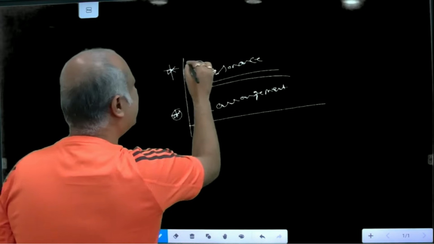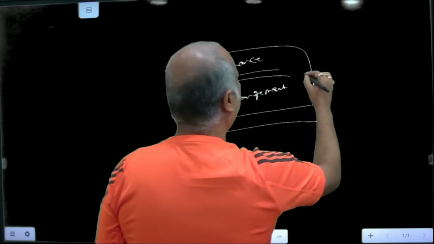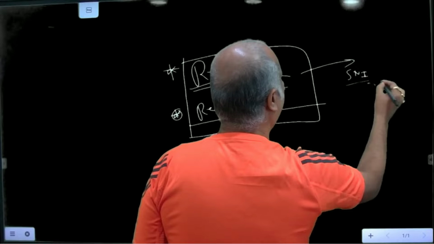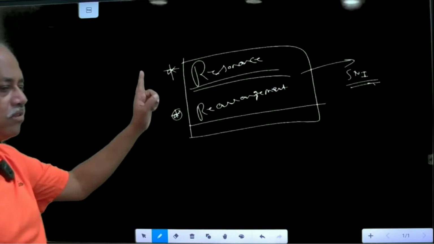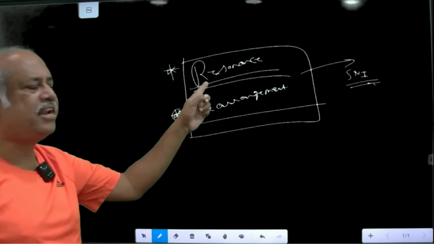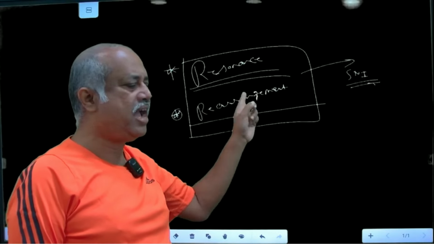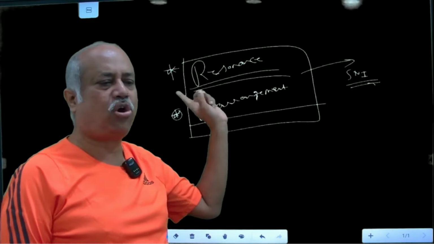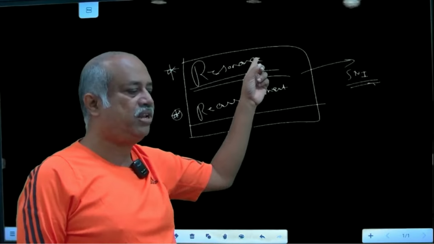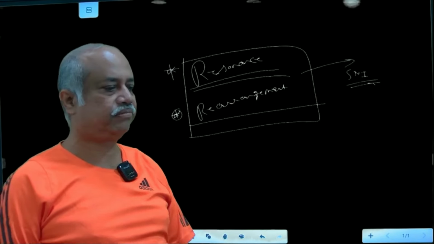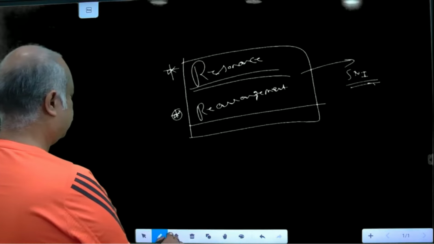This is the special case for the SN1 mechanism. Rearrangement reaction and resonance stabilized carbocation are preferable for the SN1 mechanism. Okay, I will take an example.